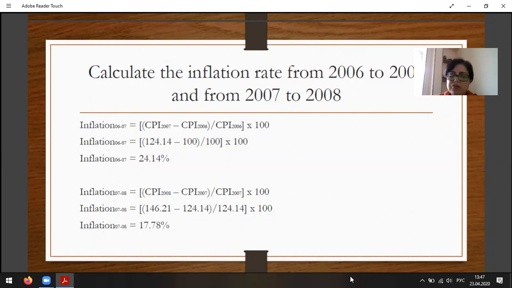If we round up, it's about 18%. Now compare 24% and 18%. It's interesting that from time to time in the economy, processes strictly opposite to inflation may occur, and this process is known in economics as deflation.